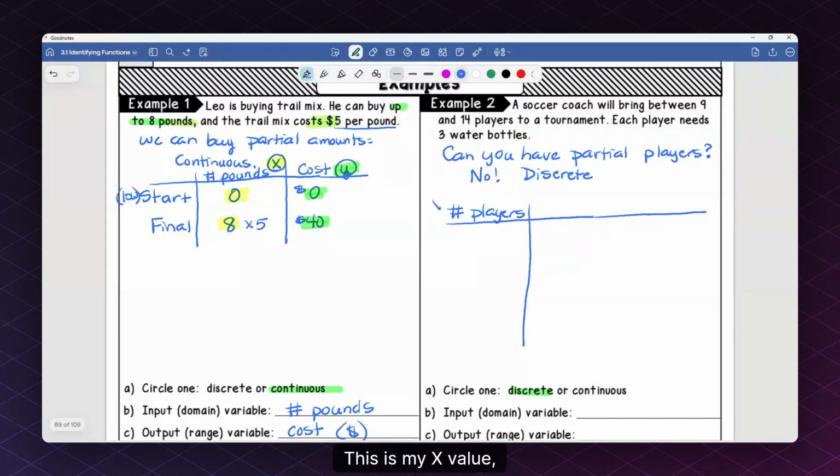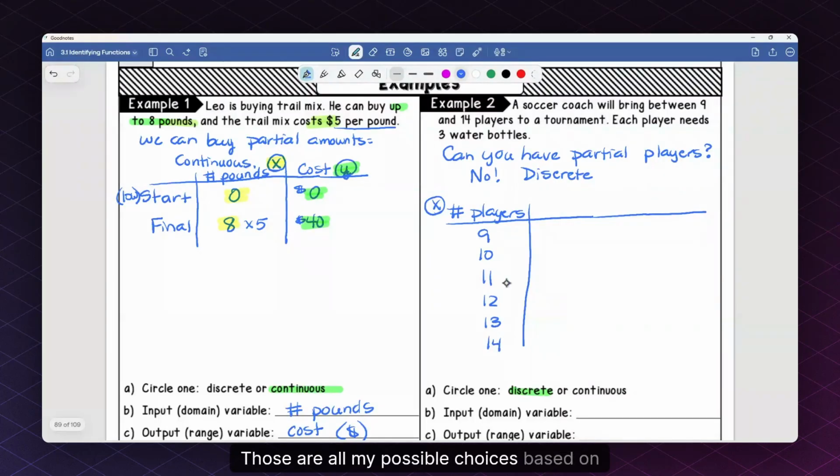This is my X value. My number of players, I can have 9, I can have 10, 11, 12, 13, and 14. Those are all my possible choices based on this phrase right here, between 9 and 14 players.